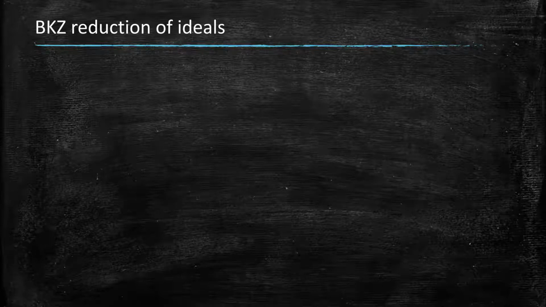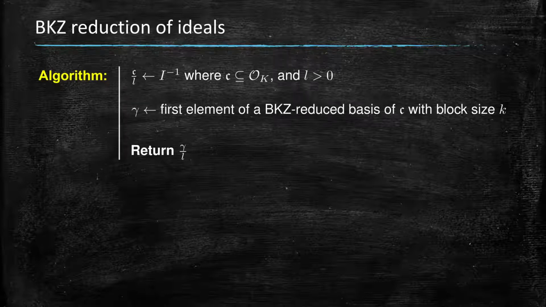The main ingredient in large degree is a reduction of ideals, in order to take a random product and find a reduced element that lies in the same equivalence class in the class group. So how do we proceed?